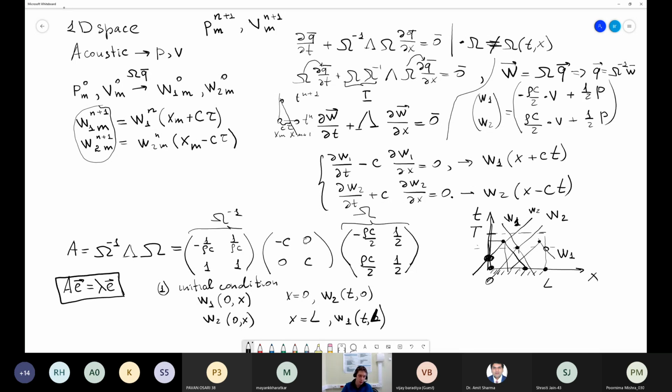That's why, based on the values W1 m n plus 1 and W2 m n plus 1, we can go back, multiply by omega minus 1 to calculate the pressure and the velocity at the same position, but at the next time moment. Great. We obtained one time step.